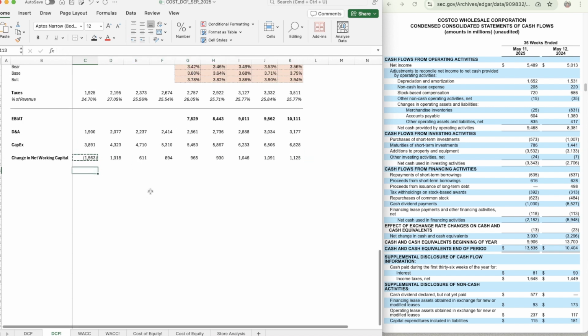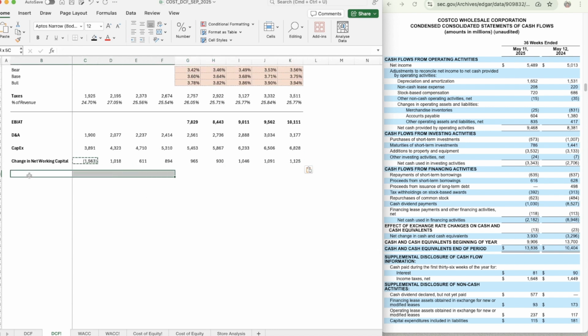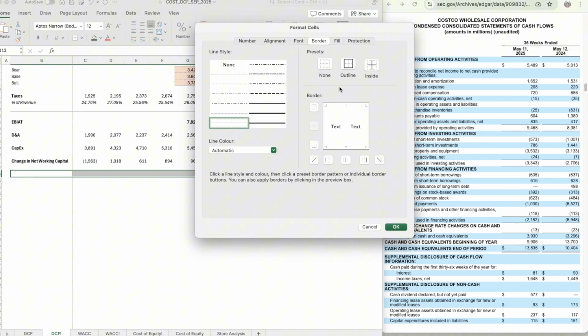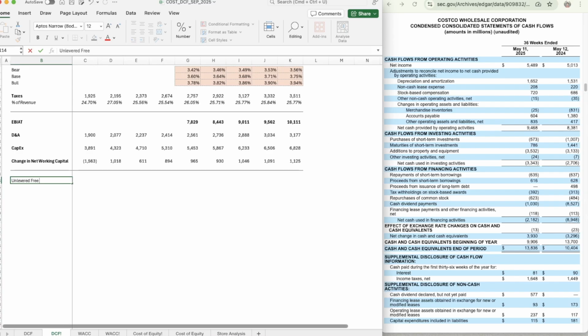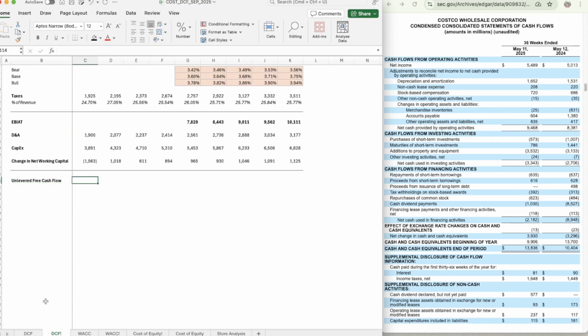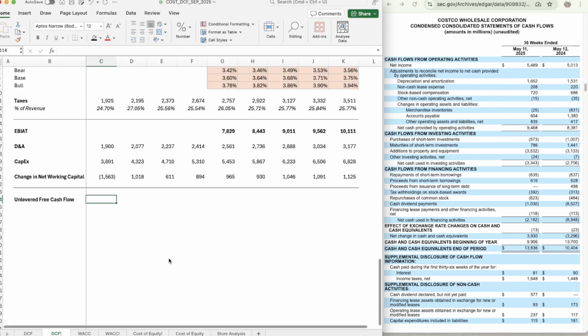Now, let's work out what the unlevered free cash flow is. Put a border in. I'll zoom in a bit now. Let me just finish typing. We can, that's better.